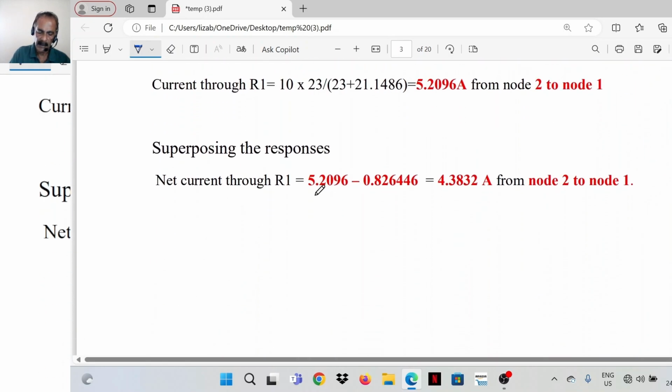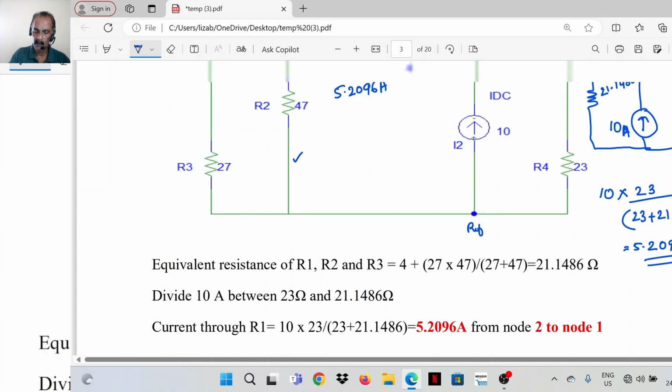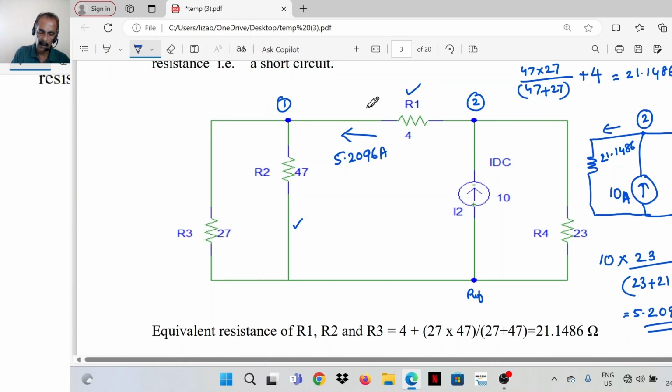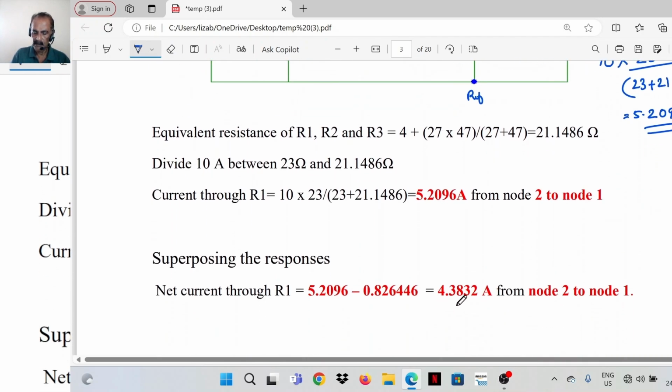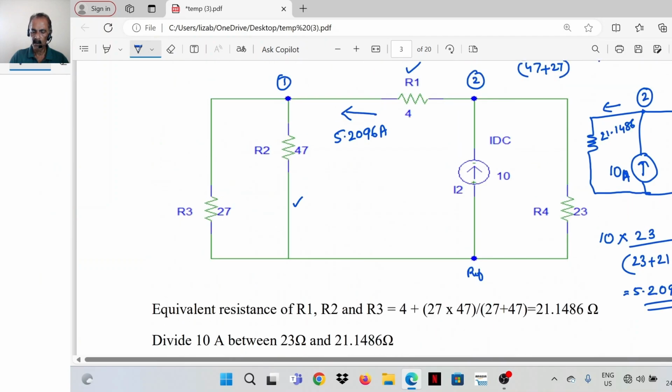So the net current is 5.2096 minus 0.82644, that means 4.3832 ampere from node 2 to node 1. So 5.2096 is from node 2 to node 1, and 0.82644 is from node 1 to node 2. The net is 4.3832 ampere from node 2 to node 1.